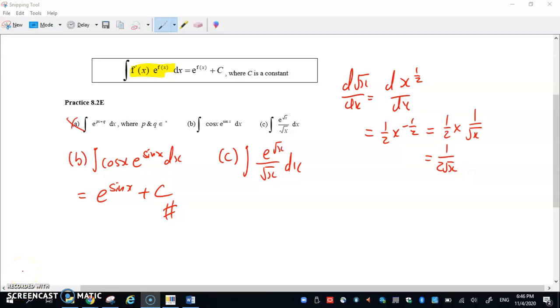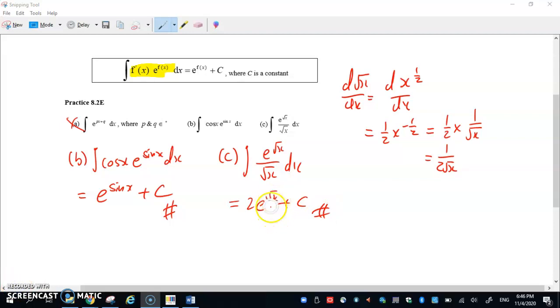Since there is an additional half over here, by observation, this answer is simply 2e^root x plus c, and that's all.